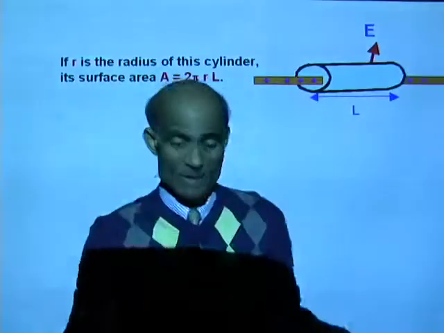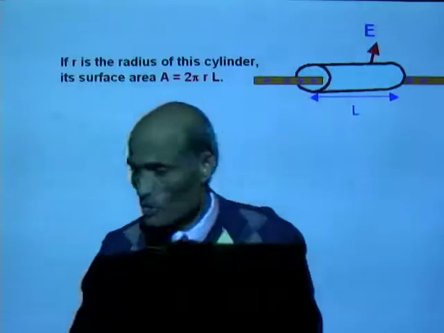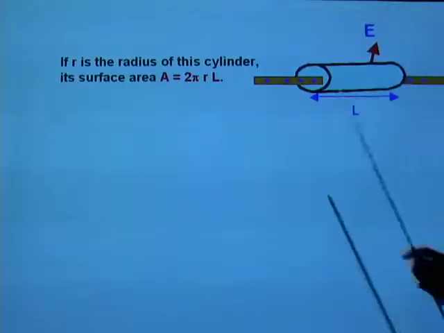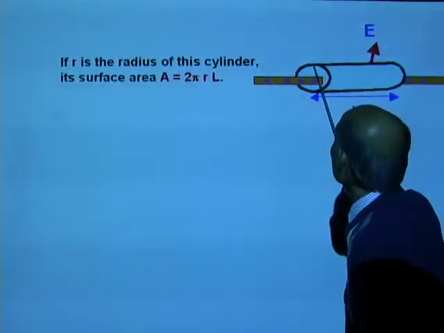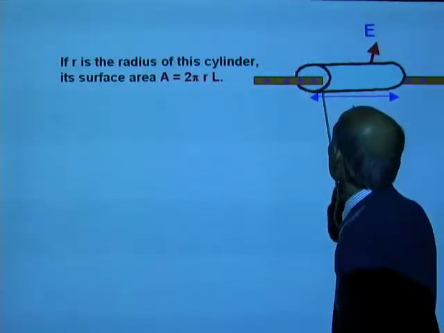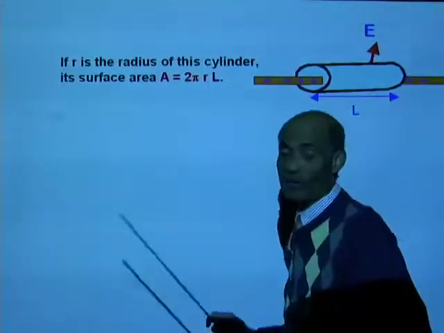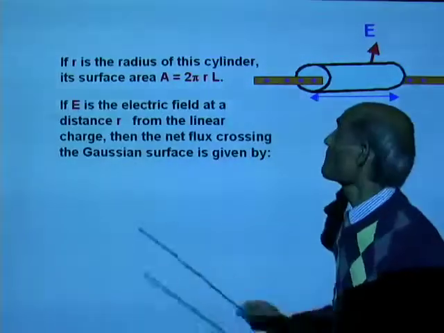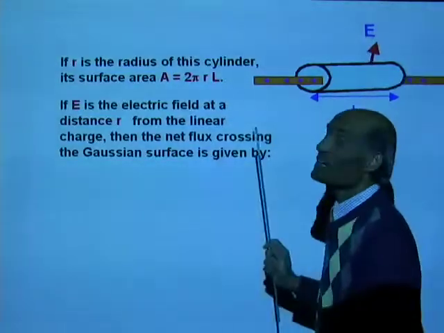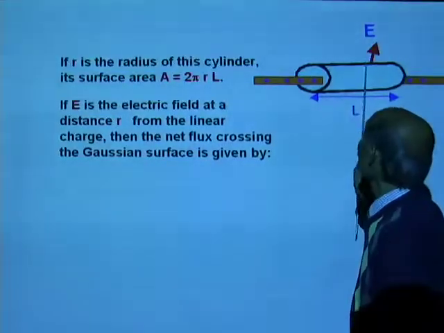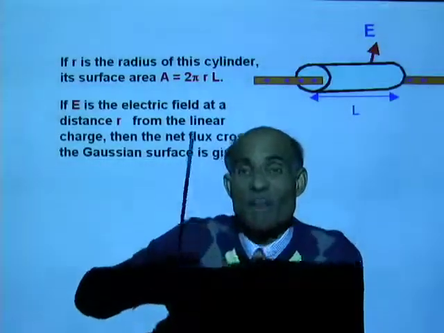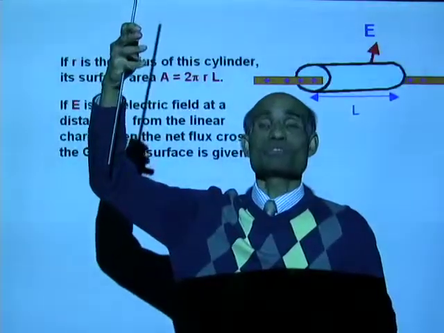That is the area. So the area of the Gaussian surface is 2 pi R times the length. Why do we need the area? If E is the electric field at any point on the Gaussian surface, then what is the net flux crossing the Gaussian surface?